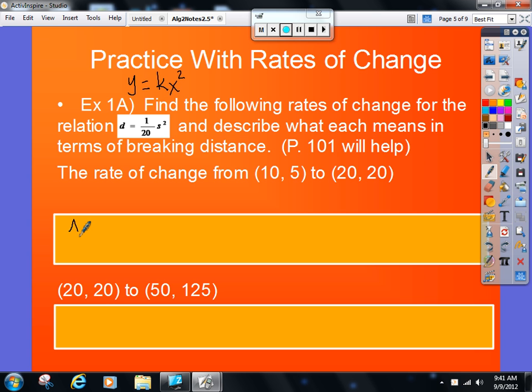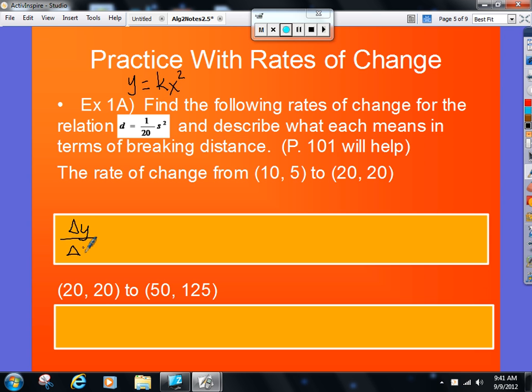Okay, change in y over change in x, that's your rate of change formula. So now I have 125 minus 20, it's got x1, y1, x2, y2, over 50 minus 20. That gives me 105 over 30.